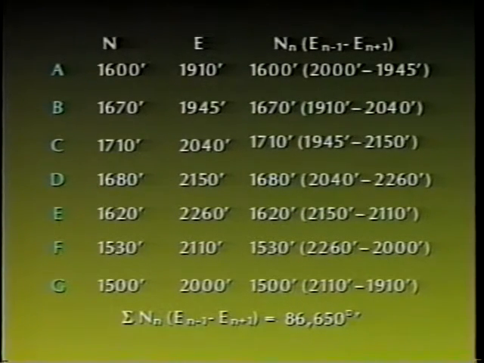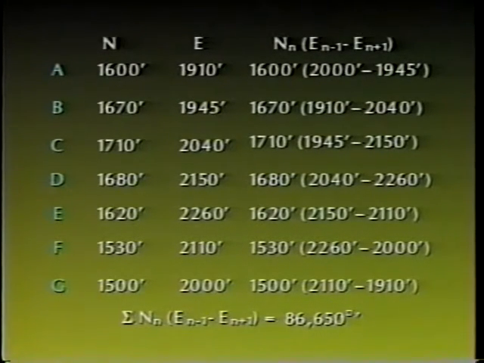Next, n sub 2 times the quantity E sub n minus E sub 3 becomes n sub B times the quantity E sub A minus E sub C, or 1,670, the northing of B, times the quantity 1910, the easting of A, minus 2040, the easting of C. This is a minus 130.